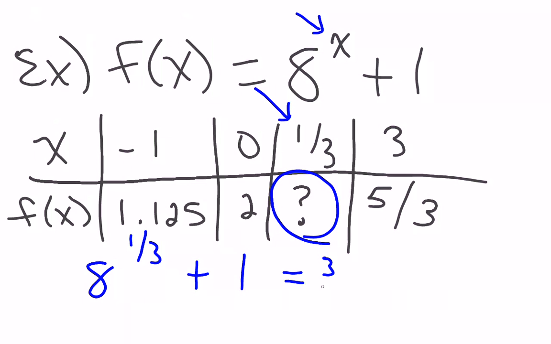So that can be written as the cube root of 8 and then plus 1. Cube root of 8 means we're looking for a number times itself 3 times that gives us 8. What number times itself 3 times gives us 8? The answer is 2. And then 2 plus 1 is 3. So what is the answer that goes there? The answer is 3.